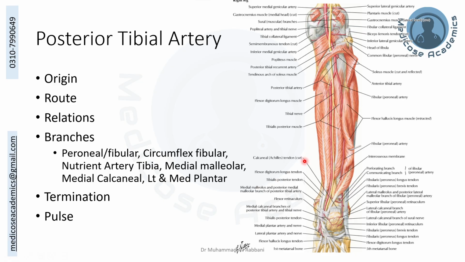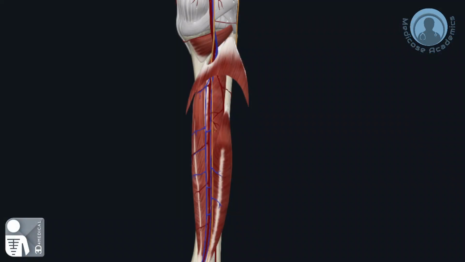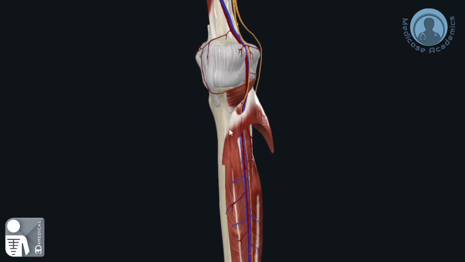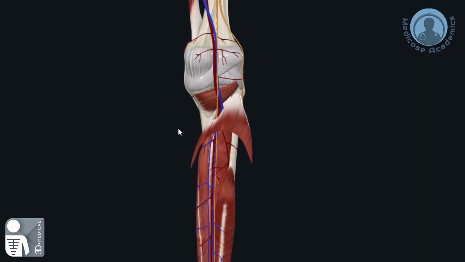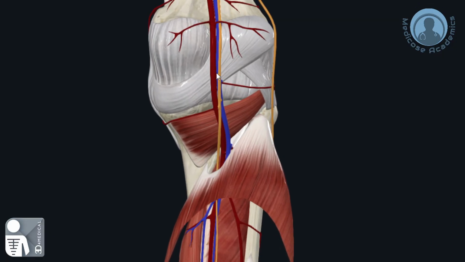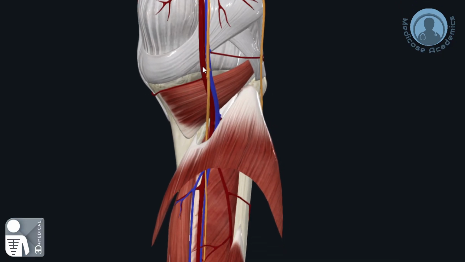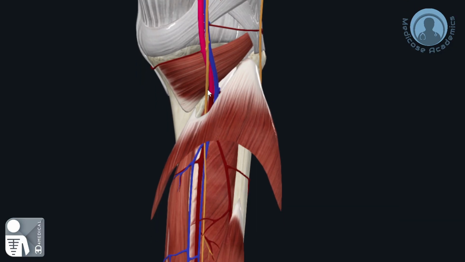So let us now go through all of these things again on the model here. Let me start here. This is the posterior aspect of the leg with the superficial structures removed. This is the popliteal artery with its different branches.